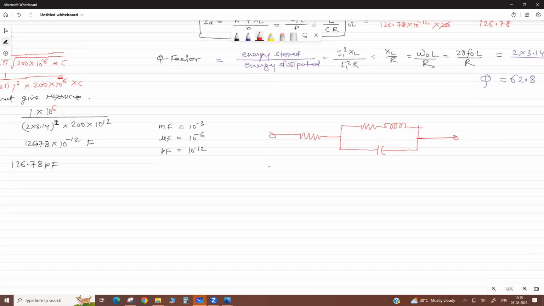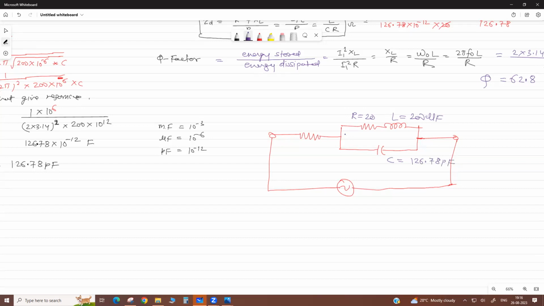Now if you know the voltage and frequency, we know R is 20 ohm, L is 200 microhenry, and C we have also calculated, that is 126.78 picofarad.